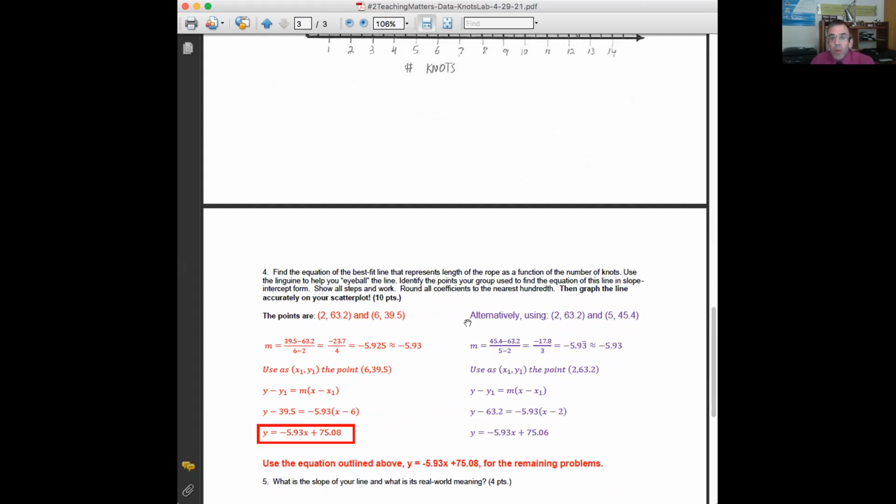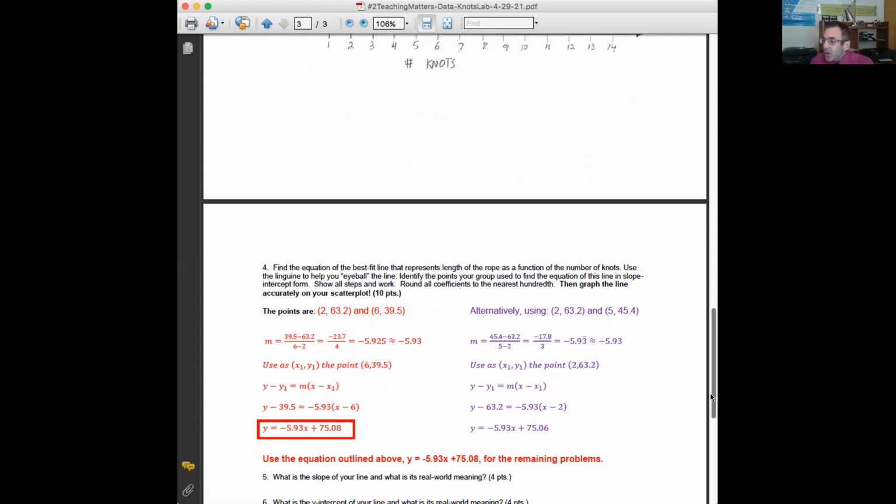And using point-slope form, students can come up with the equation of the line, which is here in red. Alternatively, I used 2 other points just to see how close we will come. And if you notice, the rates of change, the slopes, are very similar, and the y-intercepts are very similar as well.